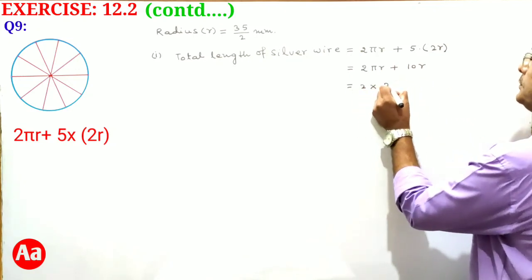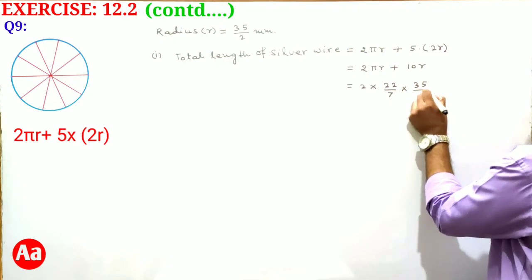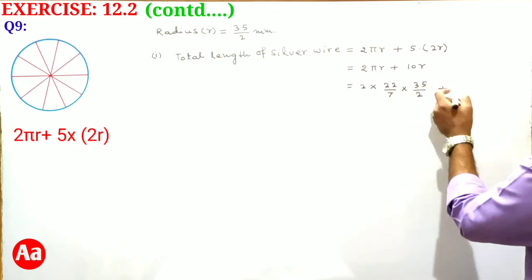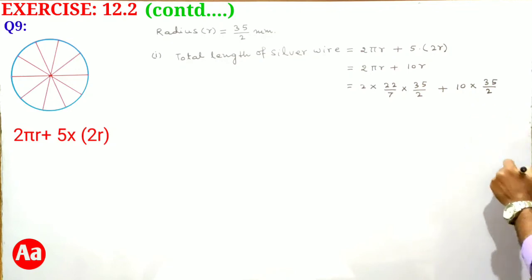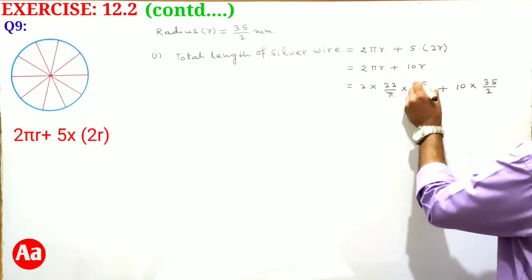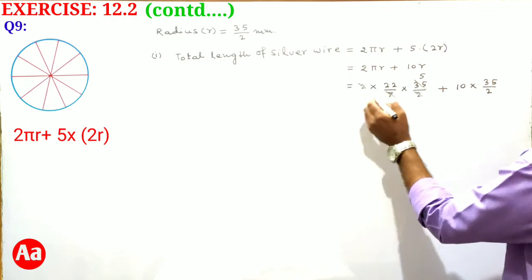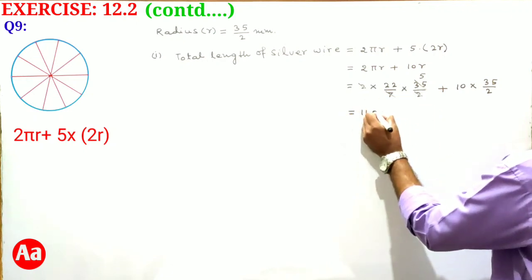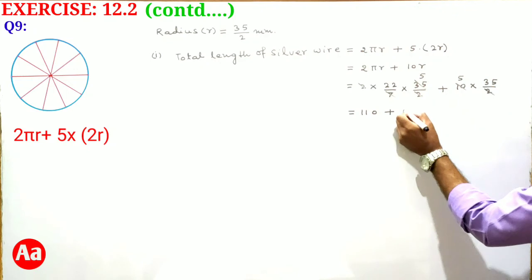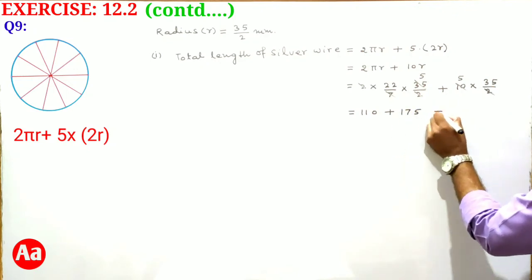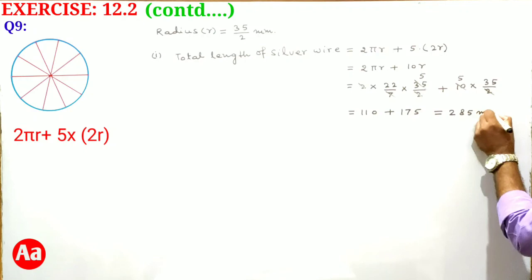So 2 into 22 by 7 into radius 35 by 2 plus 10 into 35 by 2. 7 5 times 35, this 2 cancelled, so 22 into 5, this is 110 plus 2 5 are 10, 5 into 35, 175, and this is equal to 285 millimeter.